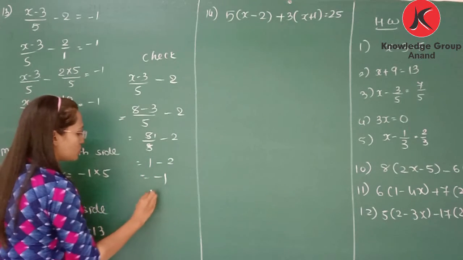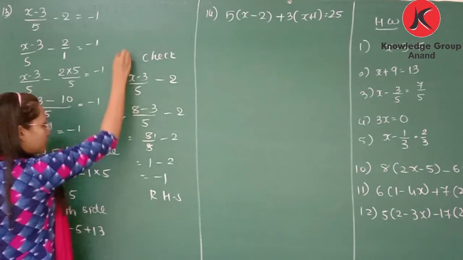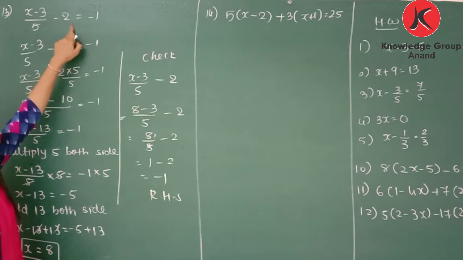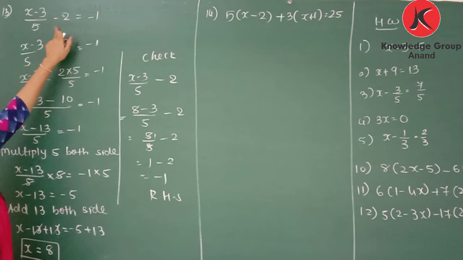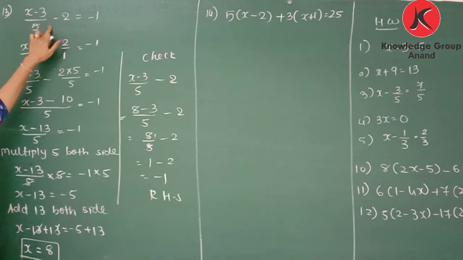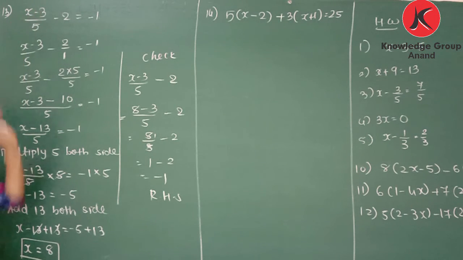So the answer is minus 1, that is our right answer. Clear? Otherwise, you can directly write here that add 2 to both sides. Then this 2 will be cancelled. Now multiply 5 on both sides, then this 5 will be cancelled, and then add 3 to both sides. If you solve this example like that, then it is also correct.